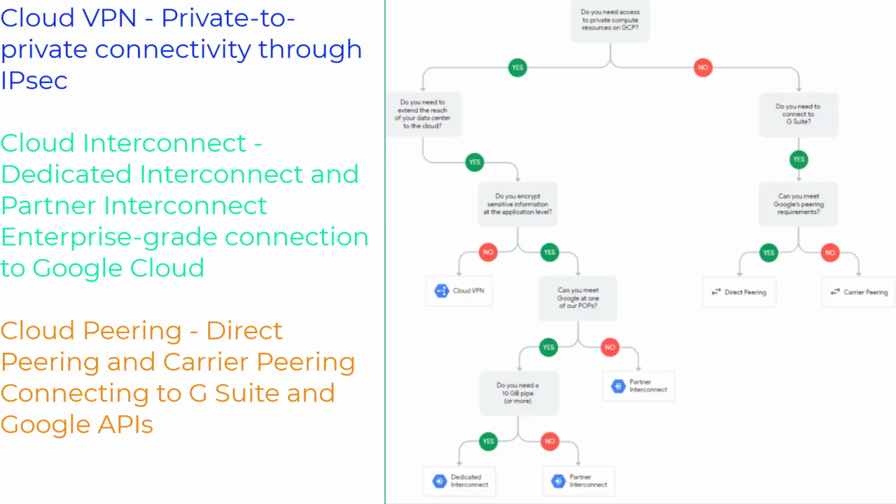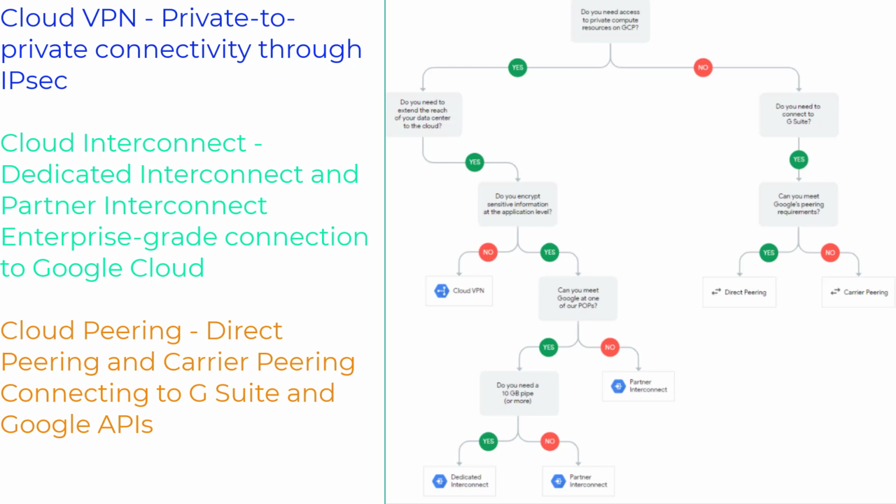With all the above overview on GCP Cloud Network Connections products, let's move to the decision tree. Now, it's time to use the decision tree to choose the network connection product to connect your applications to Google Cloud. You may want to ask simple questions such as, do you need to access a private compute resource on GCP?